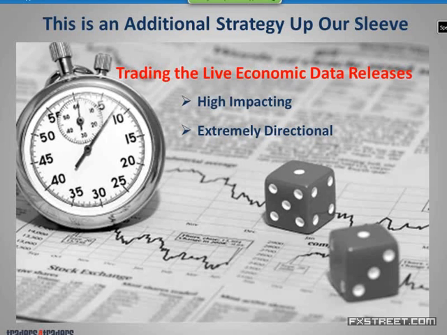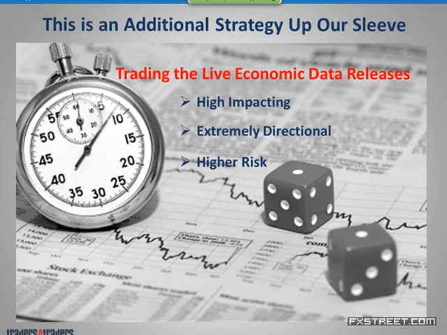But understand these events are high impact, extremely directional, which is exactly why we're looking for them. But there's also a higher risk component, primarily because we don't know how much variance the data is going to have once the release comes out. If you've got a good execution system that gets you into these trades, you're in at the right levels and you're going to get out at the right levels as well. And that lowers the whole risk profile of these events.